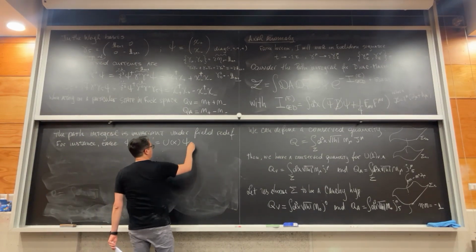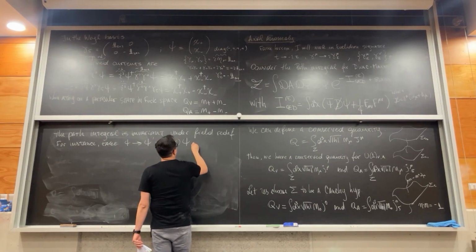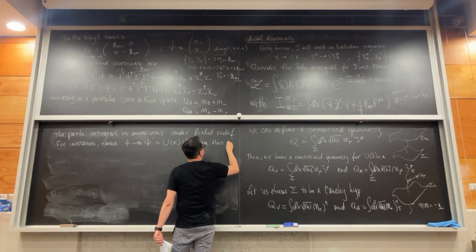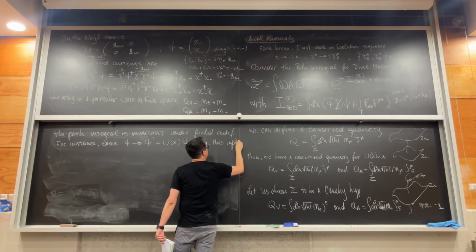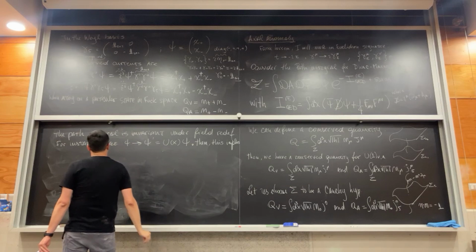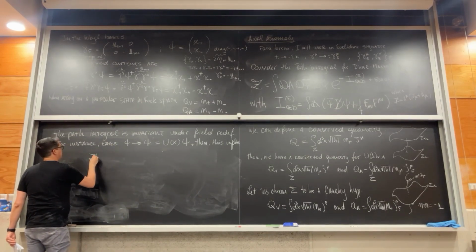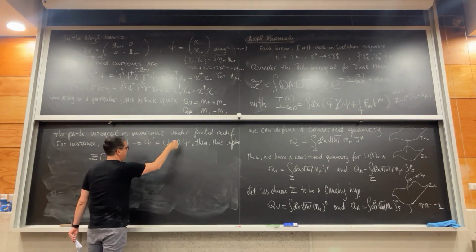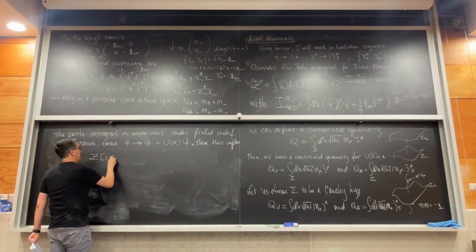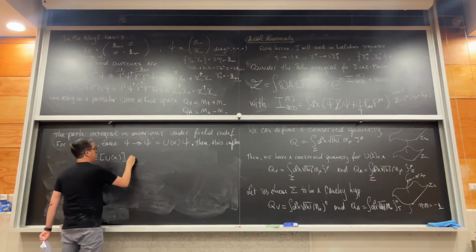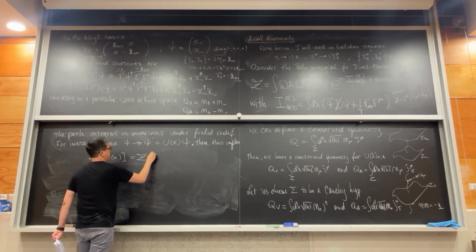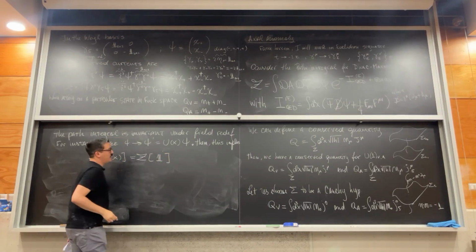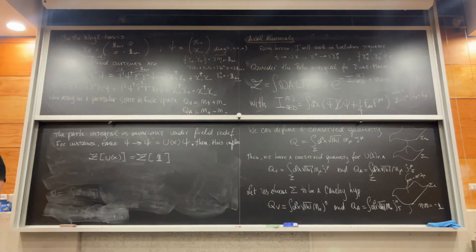And so this transformation implies that the path integral with this new function that redefines my fields should be equal to putting here just an identity, because it is invariant under field redefinitions.